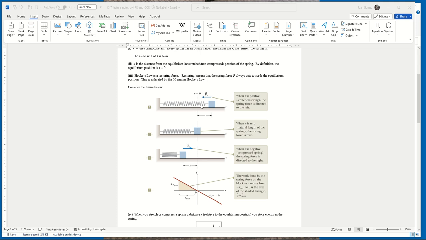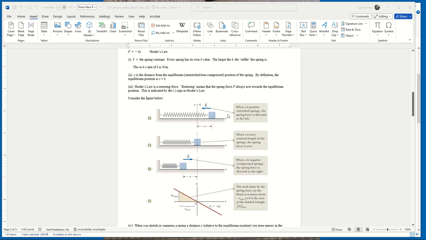The mass is being pulled away from the equilibrium position, indicated by the dotted line, i.e. the position of the spring when it is in its equilibrium or natural position, meaning it is neither stretched nor compressed. And all the distance x is measured relative to the equilibrium position. So panel A, mass is pulled in the positive x direction, spring force acts in the negative x direction. Hence, F is minus kx.